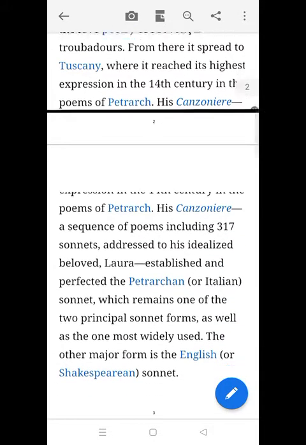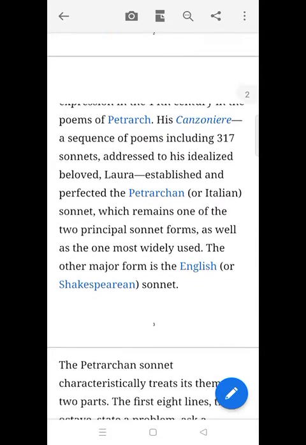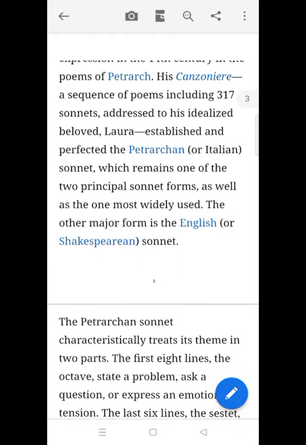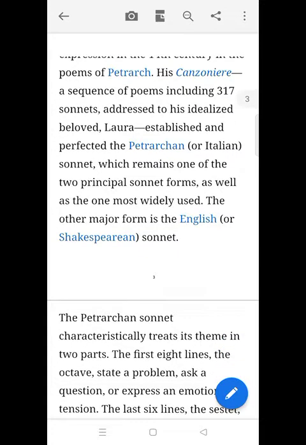Petrarch is the one on whose name the Petrarchan sonnet was developed, and this form remains one of the two principal sonnet forms, as well as one of the most widely used. One is the Petrarchan sonnet, and the other major form is the English or Shakespearean sonnet.